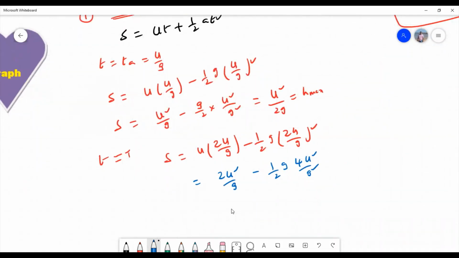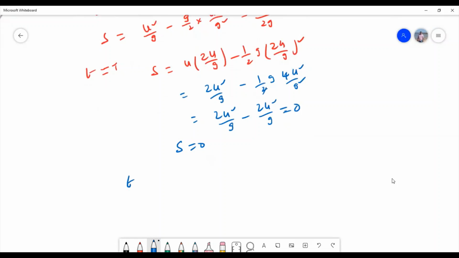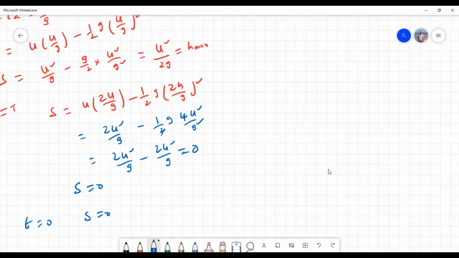So I can write it as 2u square by g minus, this also same, 2u square by g. So by the time it completes time of flight, its displacement is 0. Again, even when I keep t is equal to 0, displacement is 0. With these three limits, I plot ST graph.